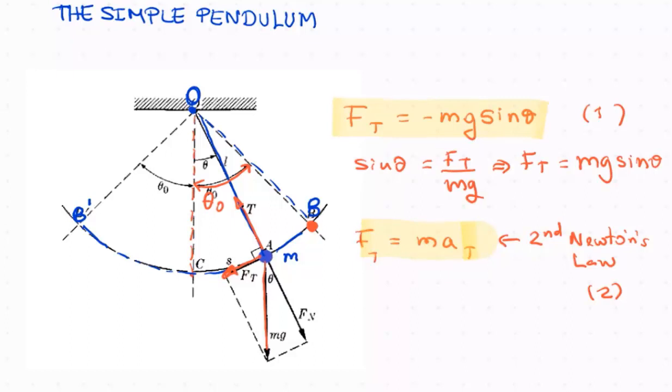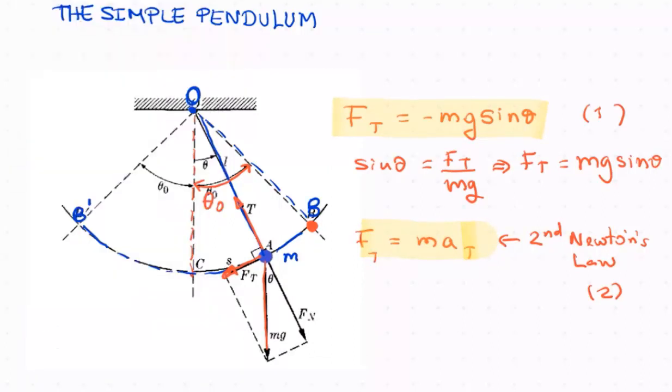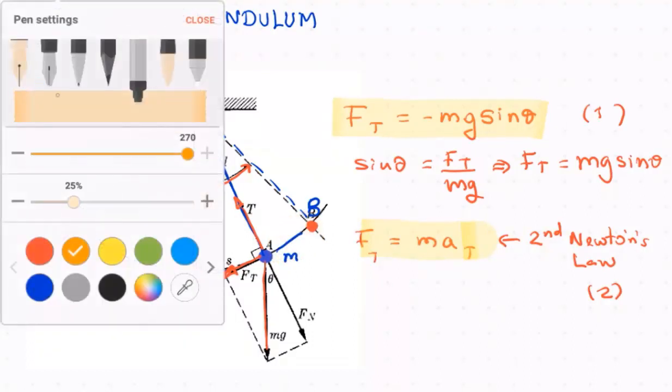Because the mass is moving along a circle of radius L. Let's see. I will use a different color, orange.